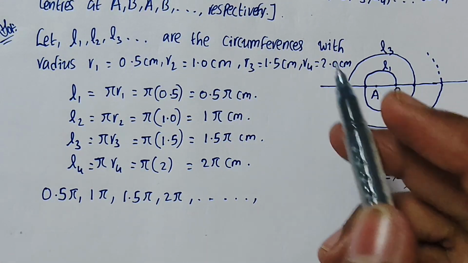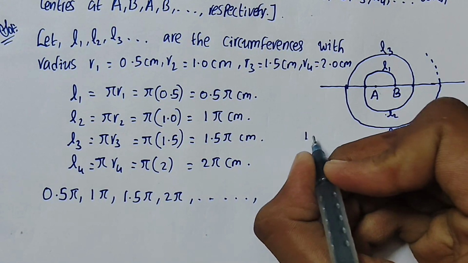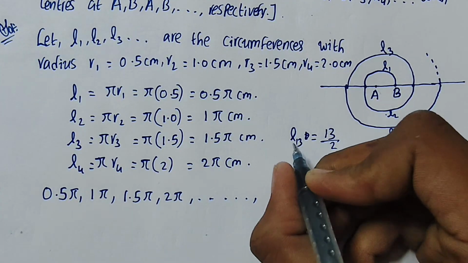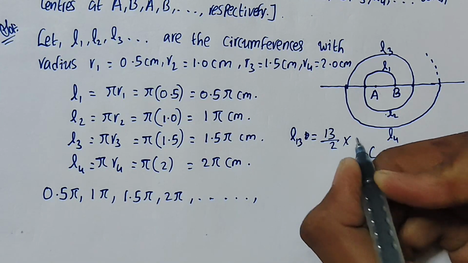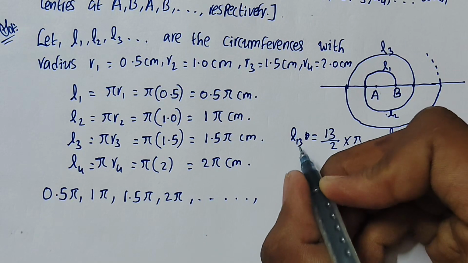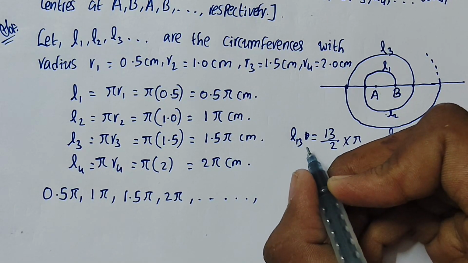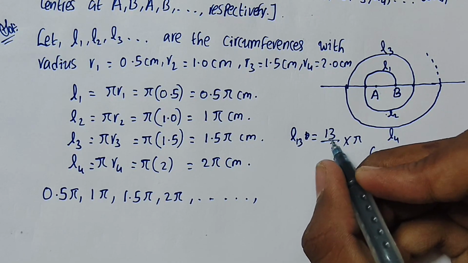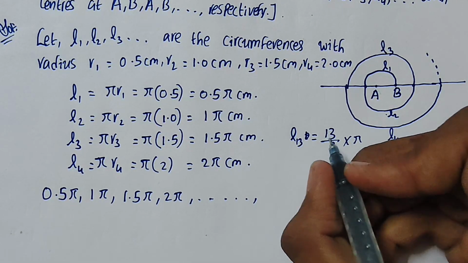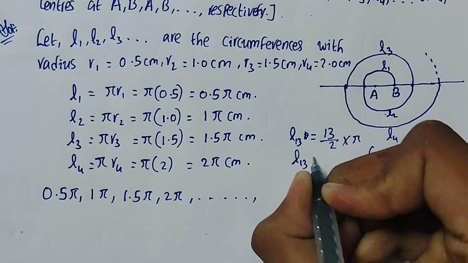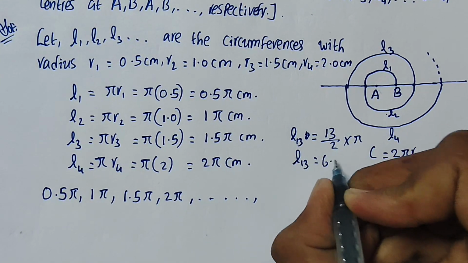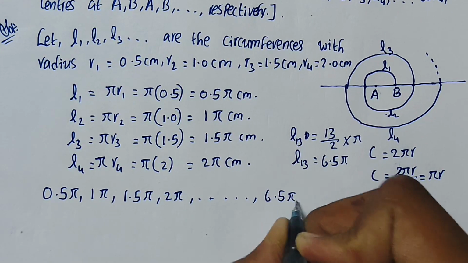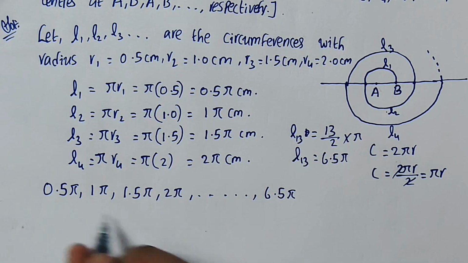L13 is equals to 13 by 2 into pi. We have to write the circumference of L13 taking R as 13 by 2. So we get L13 is equals to 13 by 2 means 6.5 into pi, 6.5 pi. Understand? So here we got it in the form of AP.